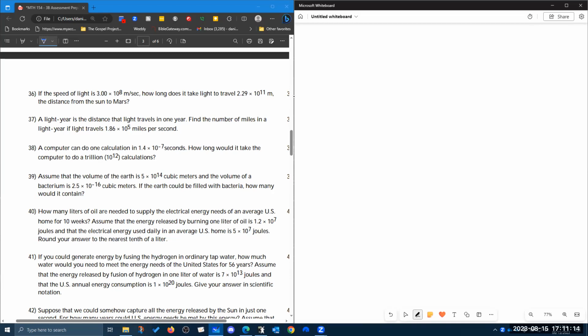So we need to get this joules per home times this many joules per liter of oil.